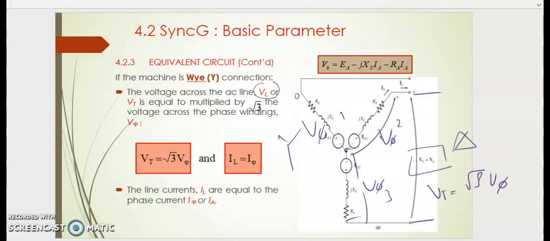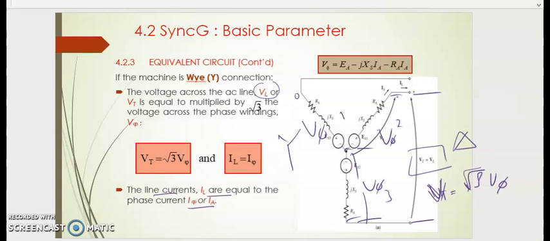And if you draw it visually, you can see that each V phase should be much lower compared to V terminal itself. So V terminal is at a higher value or range compared to V phase. In terms of line current, I load is equal to I phase.